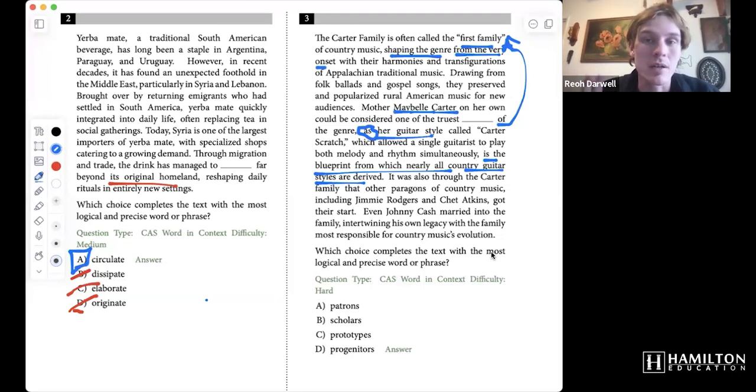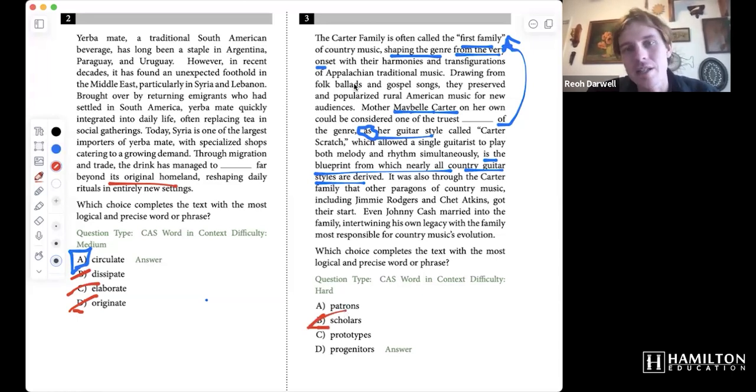So Carter family is amazing. Mother Mabel is amazing. She's done some amazing things. So, couldn't you say that someone is a scholar of the genre? Absolutely, that fits in terms of how it sounds. But is that the meaning of this passage? Are we saying that she's a scholar of this genre? I don't think so, right?